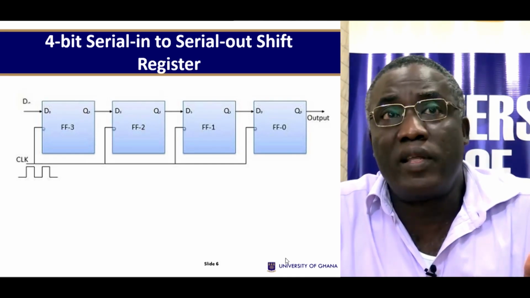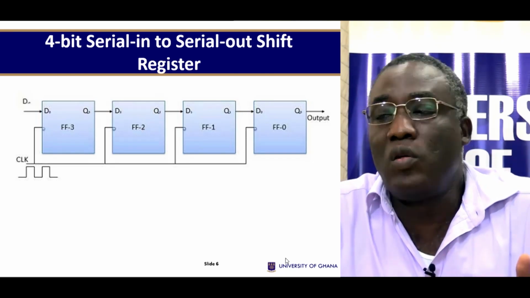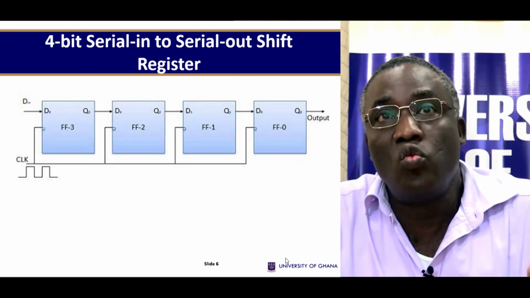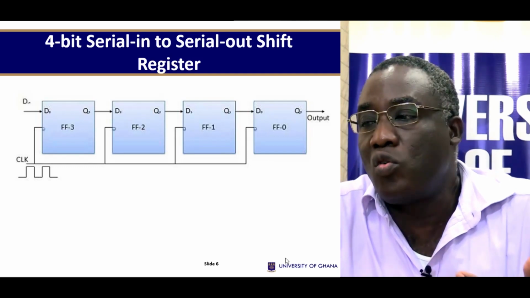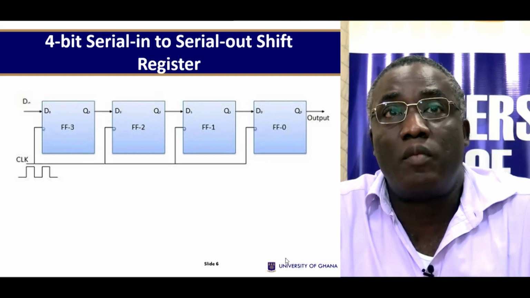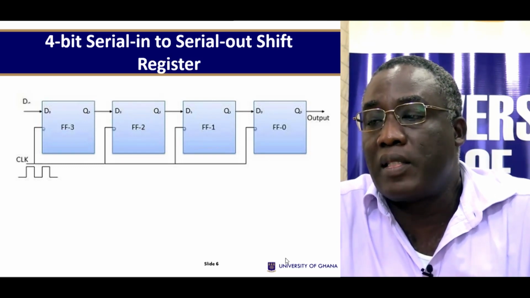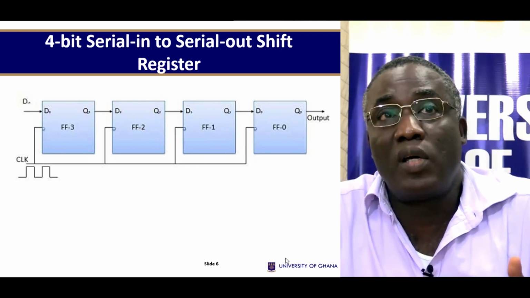So if you let all the flip-flops initially be set at a condition where Q3 equals Q2 equals Q1 equals Q0 equals 0, and an entry of a 4-bit binary number, let's say 1111, is applied, then this is what you have.